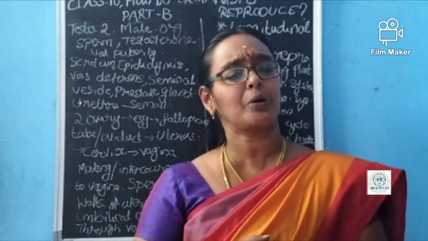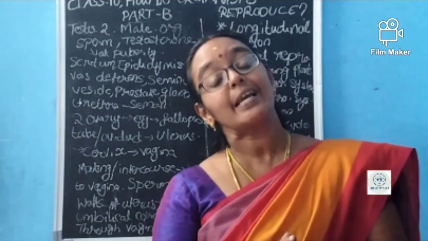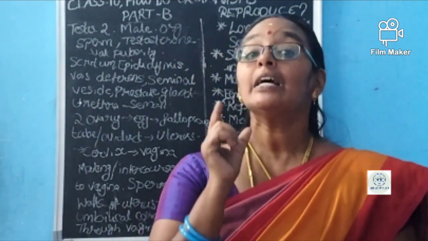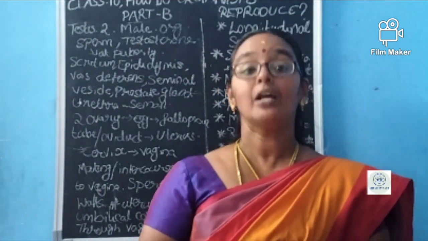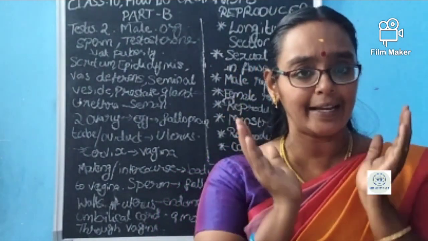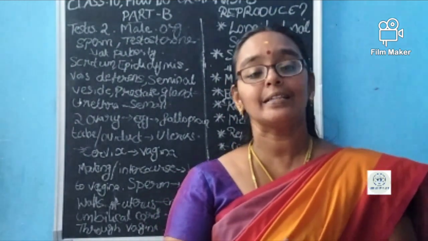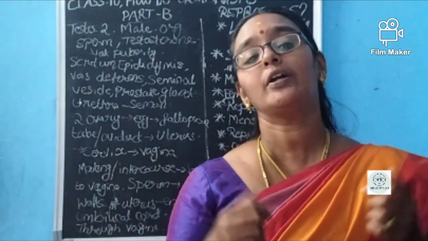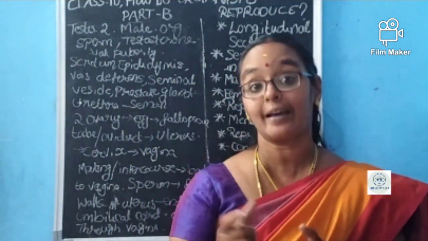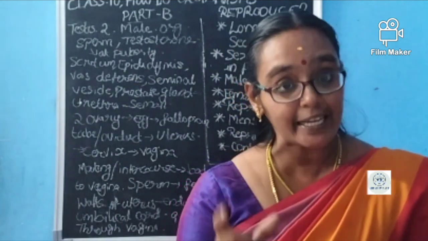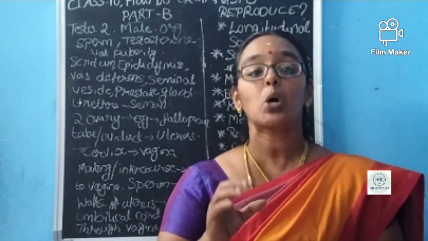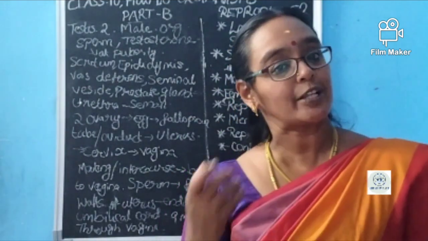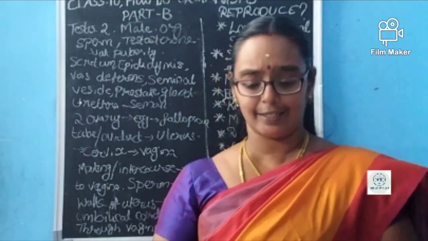What about testosterone? It is the hormone which helps to show the secondary sexual characters in males: thick hair growing on the face, change of the voice, elongation of the shoulders. All these secondary sexual characters in the male are due to the secretion of the hormone testosterone from the testis.